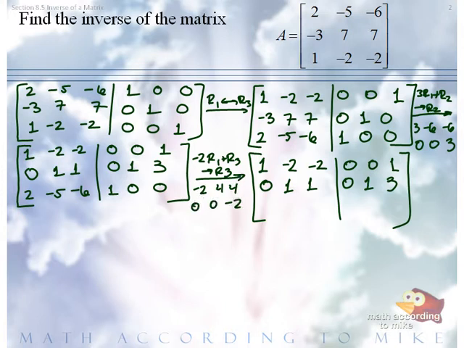Good. All right, add them up. What do we get? Okay. And we'll have 1, 0, negative 2. All right, see what you can do from here.